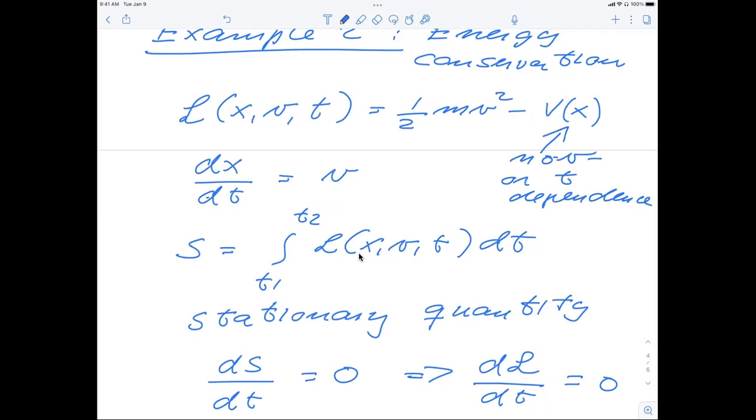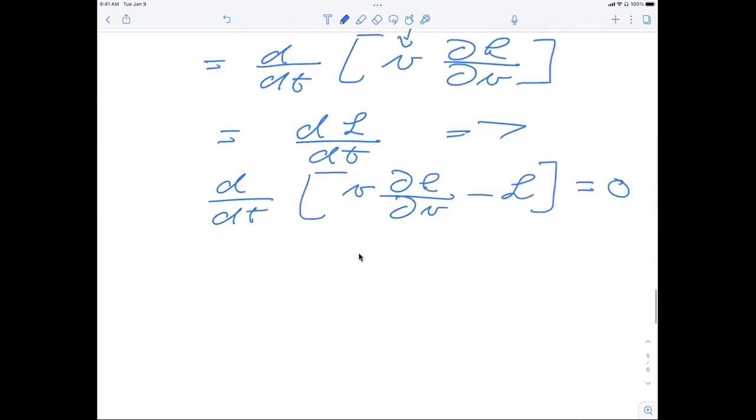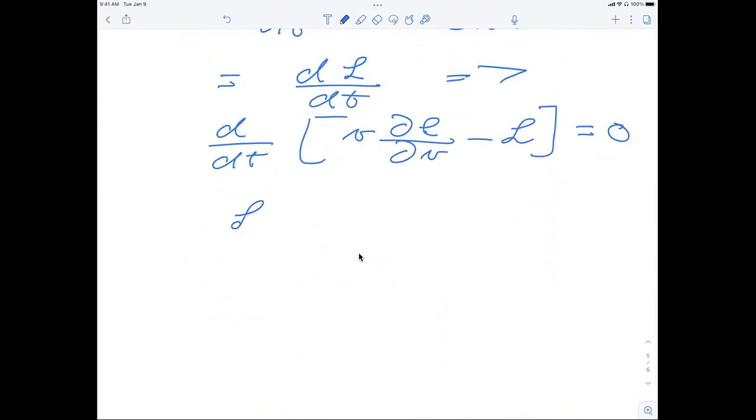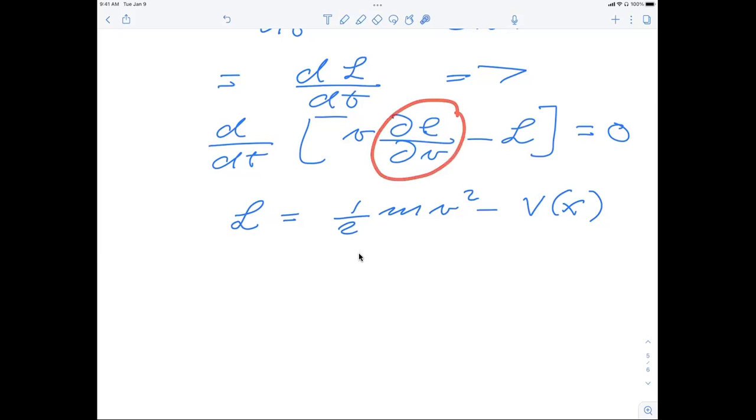So if I now go back to what we had, we have a Lagrangian which is given by 1/2 m v squared minus V of x. When I now take the derivative of the Lagrangian itself, so this is actually a crummy way of writing this uppercase L, it should look like this.